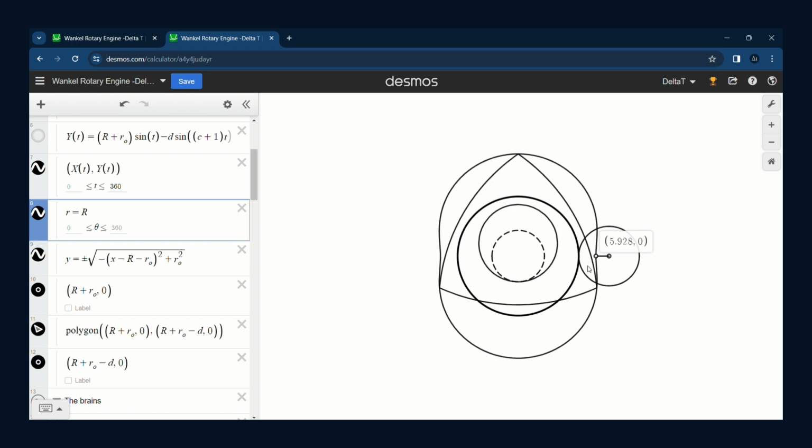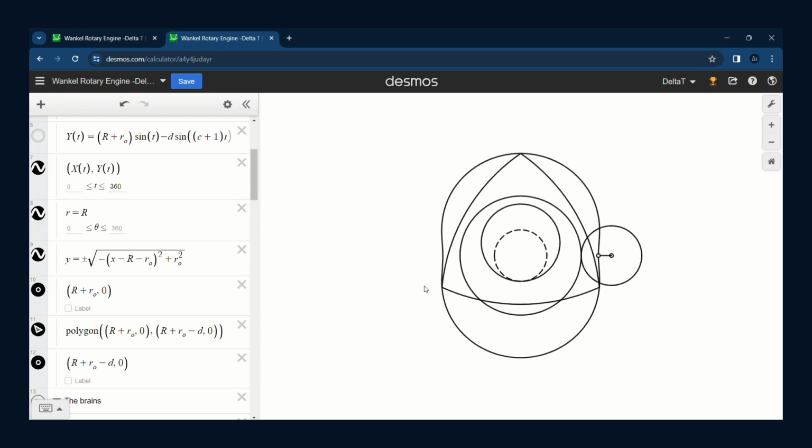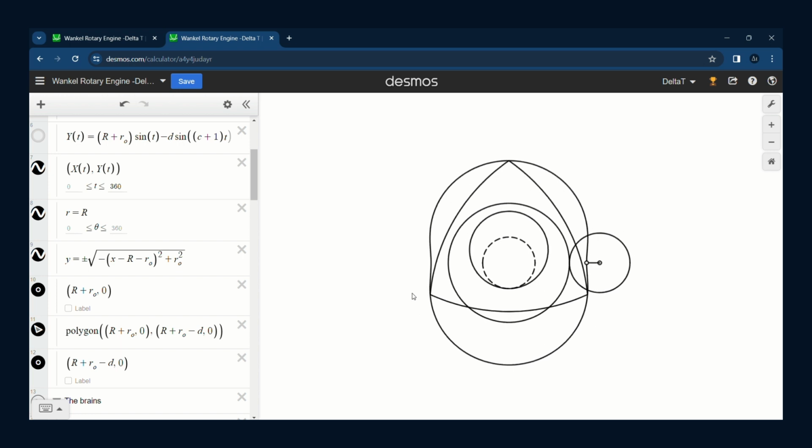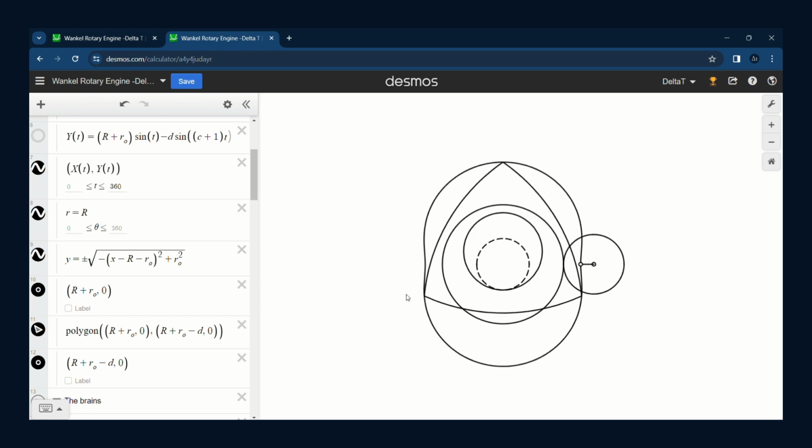The ratio between the radius of the inner circle and outer circle determines the general shape, and the distance between the center is also another important variable. In this case, the ratio between the two radii is 2, and so that means that there are two chambers in this shape.